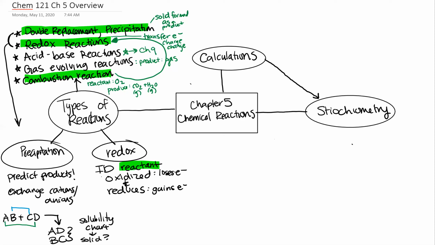And then Chapter 5 is very calculation heavy as we introduce stoichiometry. And some of these calculations are kind of fundamental that we can do and manipulate in ways other than a basic stoichiometry problem. And so one of the most important calculations we learn is how to calculate and use molar mass. So molar mass equates 1 mole of a substance to mass in grams.